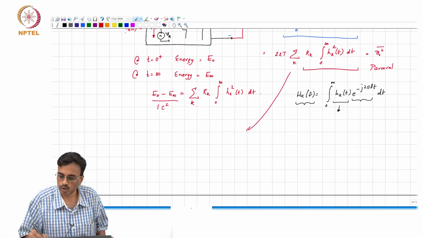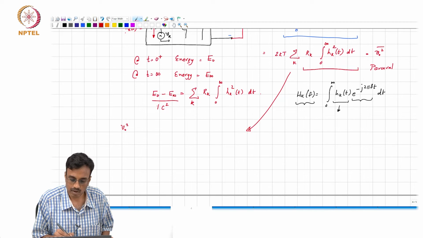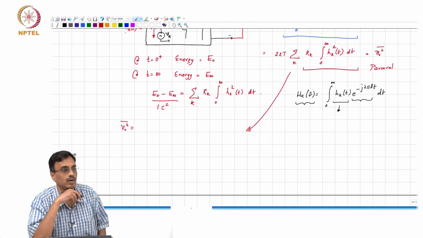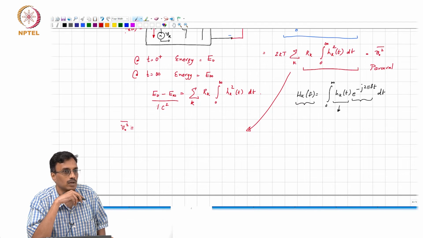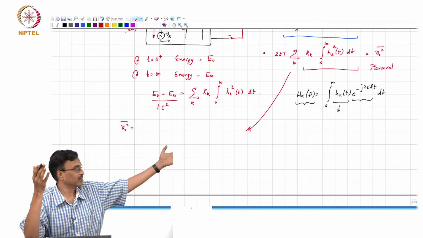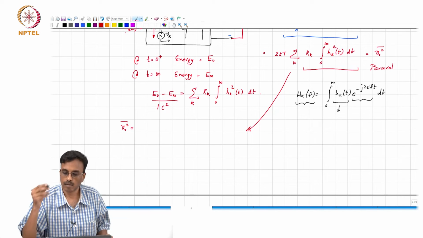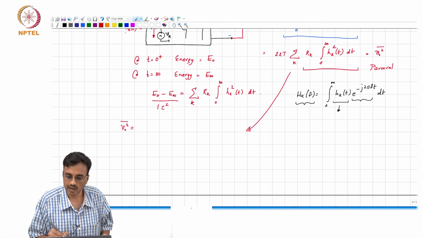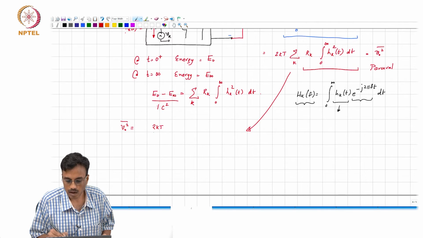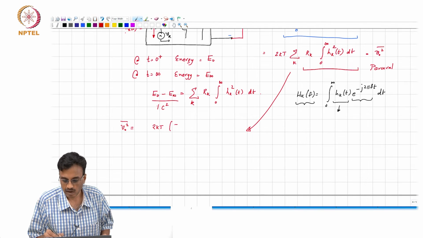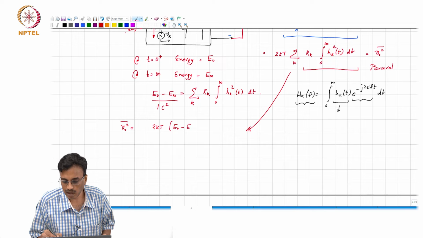So, therefore, what comment can you make about the mean square value of VO? Guys, mean square value is nothing but 2 kT times E0 minus E infinity by 1.